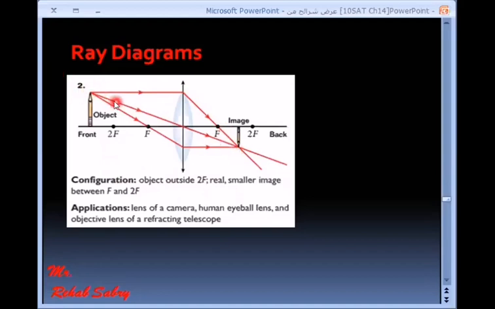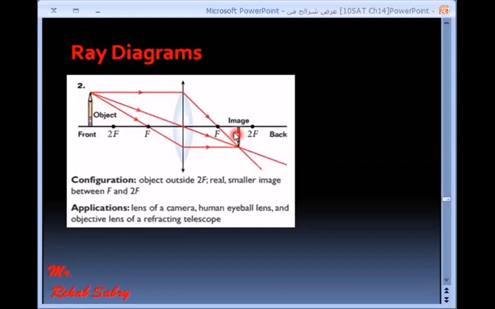The second ray passes through the optical center; it will go straight. The third one goes through the focal point; it will refract parallel to the principal axis. So the image will be formed here.